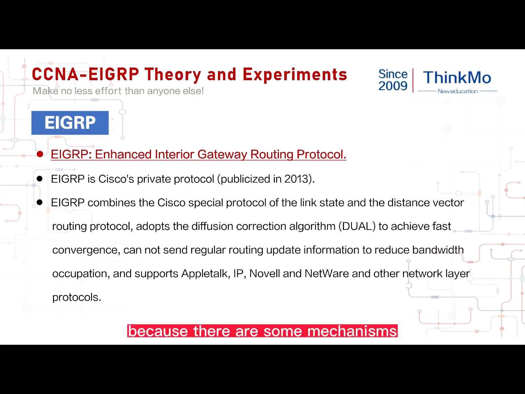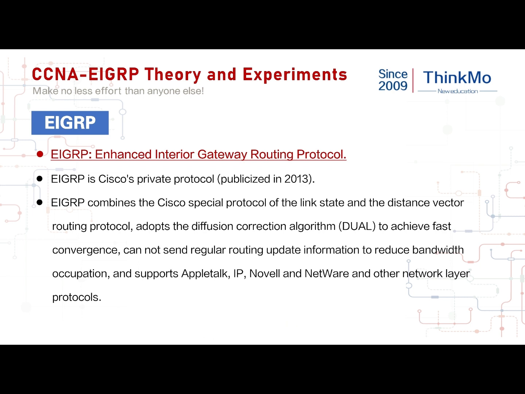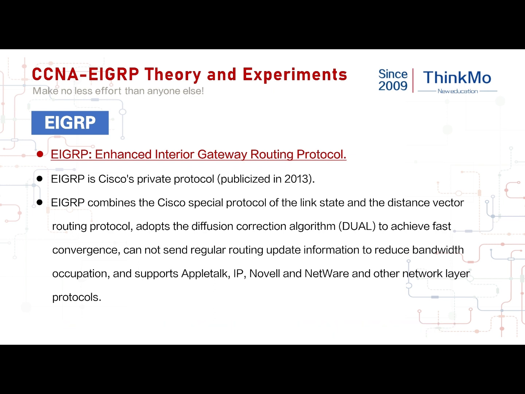because some mechanisms in version 2 and version 3 are different, and they serve different IP protocols. So if the future really migrates from version 4 to version 6, we are now deploying IPv6 addresses on a large scale. This is the overall transition.